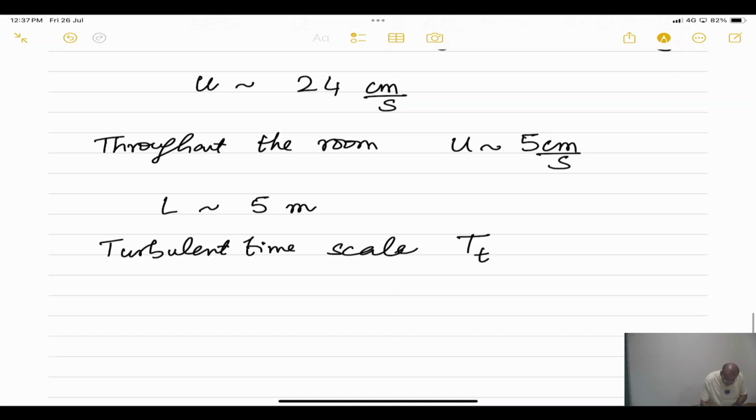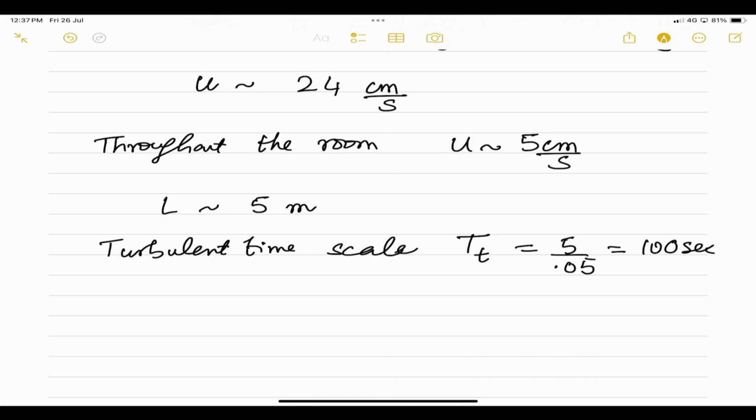The length scale is 5 meters, the velocity scale is 5 centimeters per second. Again, very simple high school physics: L by u. So 5 divided by 0.05 is equal to 100 seconds, which is of the order of 2 minutes.